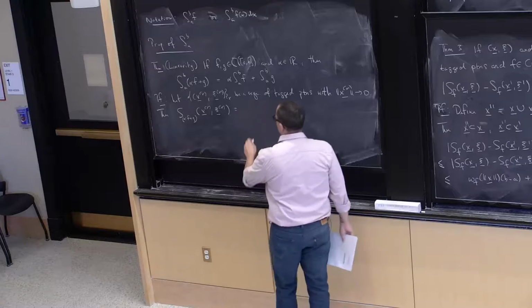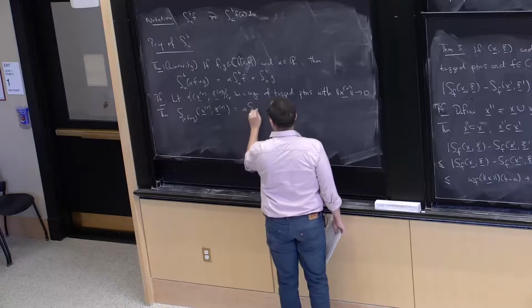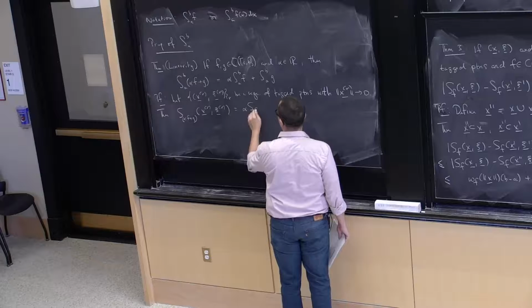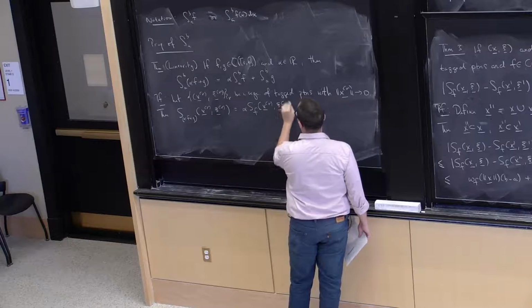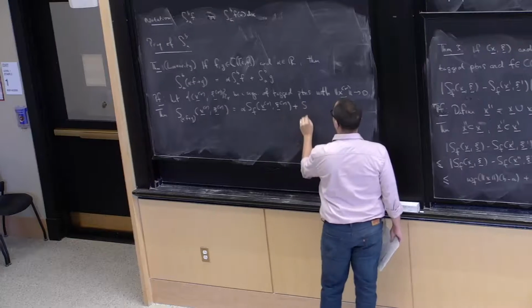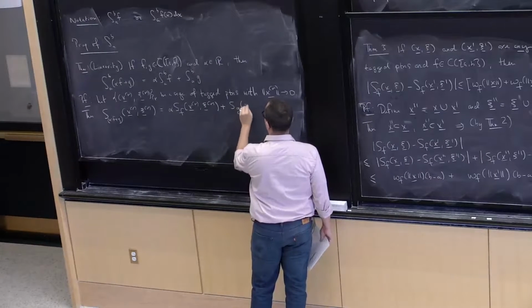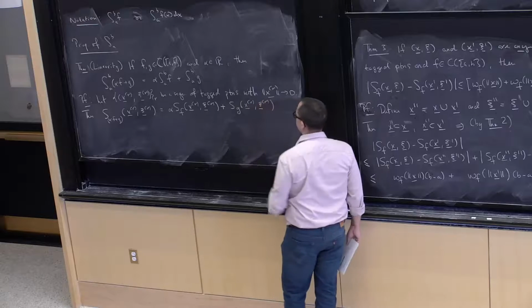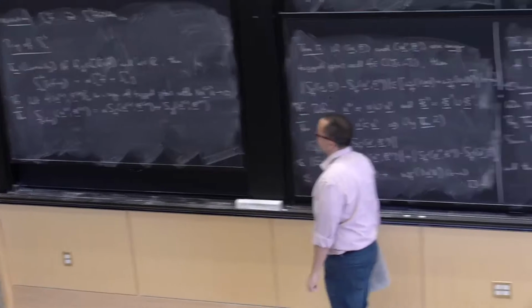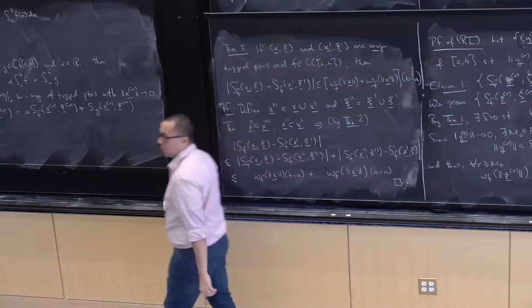So it is easy to see that this is equal to alpha times the Riemann sum associated to f plus that guy. And now I just take a limit.